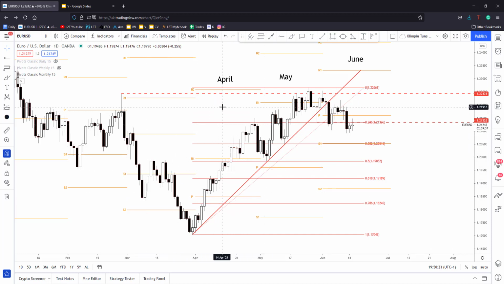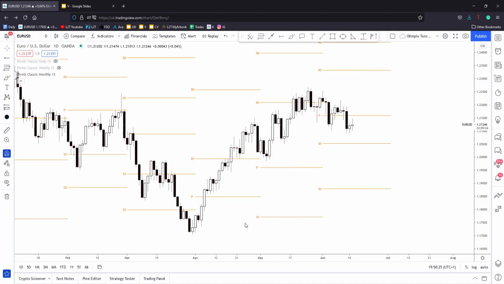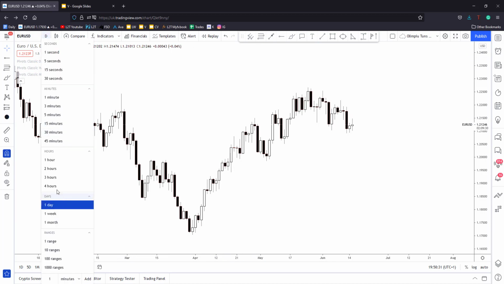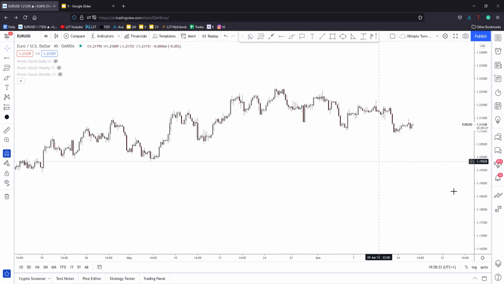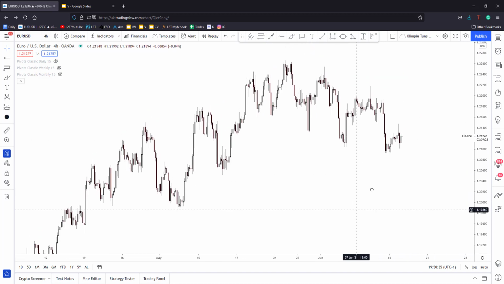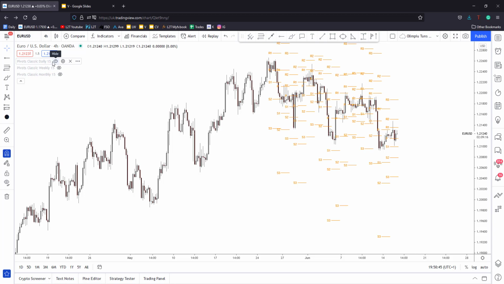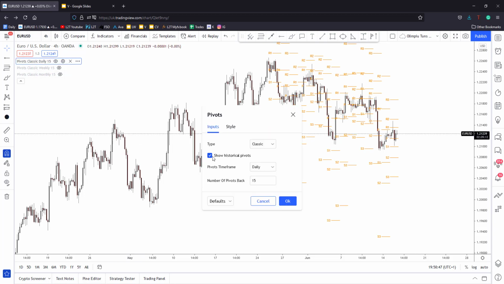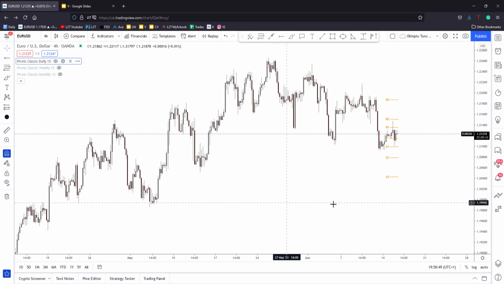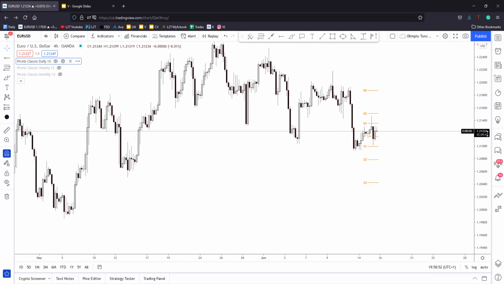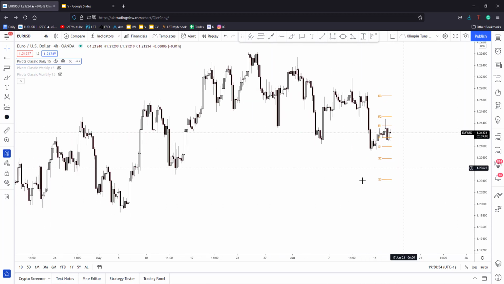I will delete these from here and we'll go on the 4-hour chart, and I will use on the 4-hour, I told you, the weekly pivot points, because if I use the daily pivot points, it is not really good to catch something using these daily pivot points on the 4-hour chart.